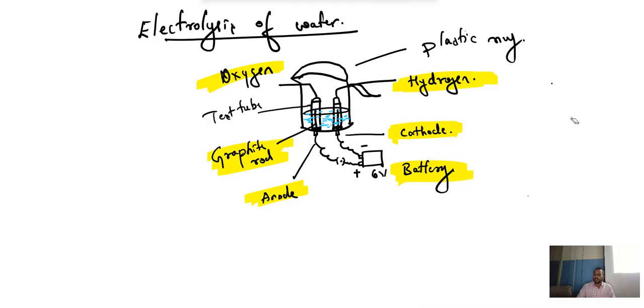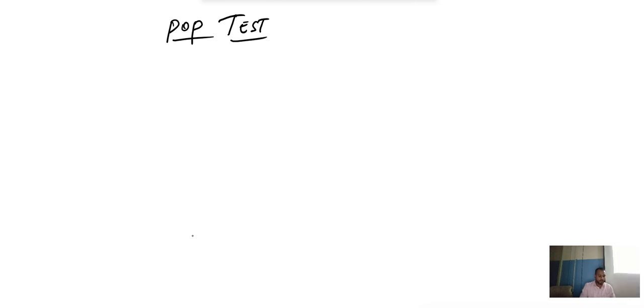And next, coming back to the next diagram in chemistry. The next diagram we call the pop test. That is nothing but the reaction of zinc granules with dilute sulfuric acid.